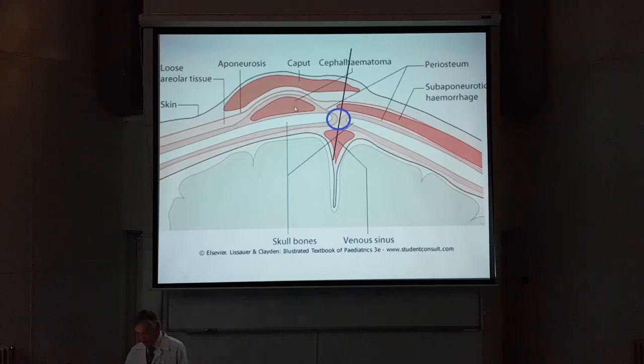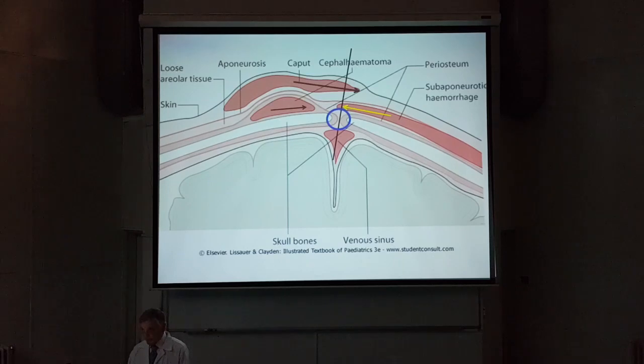Now, if a hematoma crosses a suture, this is less harmful. Less harm. That means it is not subaponeurotic, it's not subperiosteal, even if it crosses a suture a little bit.